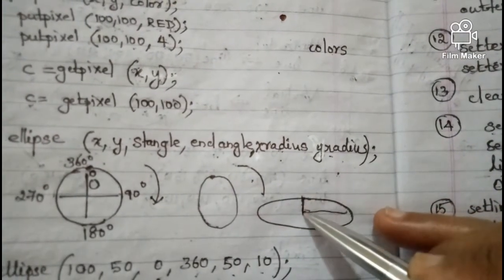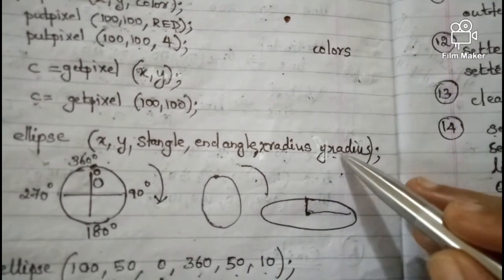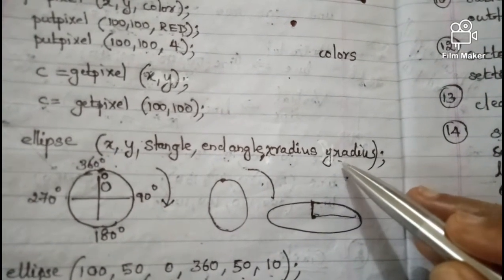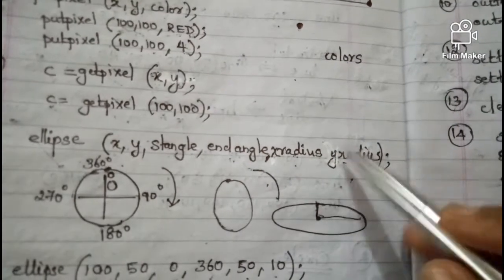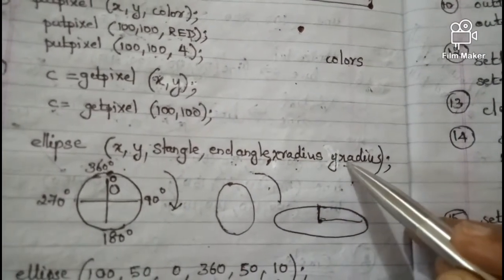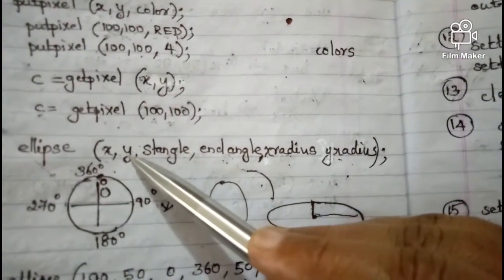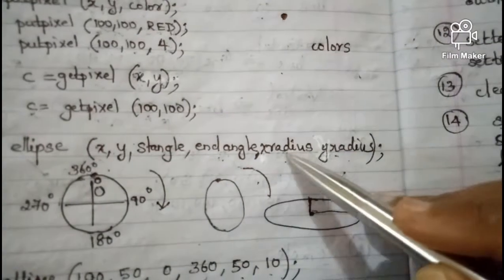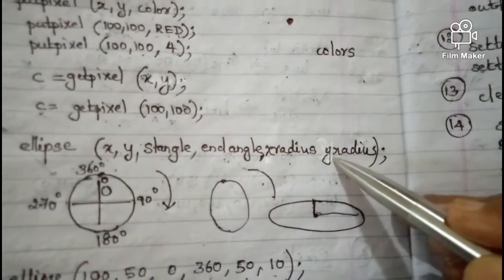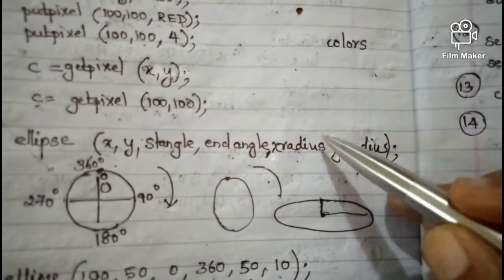And one radius is along the vertical direction, that is along the y direction, known as y radius. So every ellipse has 2 radii, one along the x-axis and one along the y-axis. So the first 2 arguments together give you the center of the ellipse, and the last 2 arguments give you the details regarding the 2 radii of the ellipse.